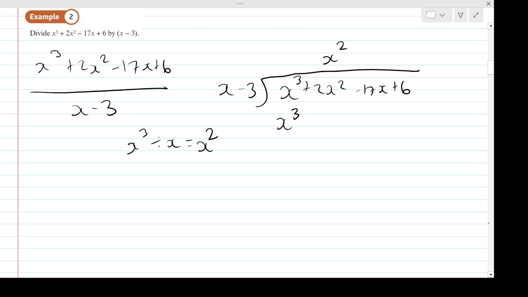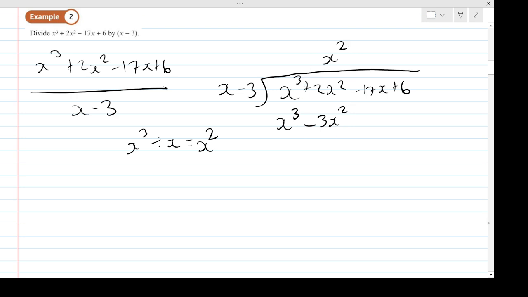Then I'm going to do the same for the minus 3. So x squared times minus 3 will be minus 3x squared, and I'm going to write that down here. Again, the x squared terms are on the same column, so we're lining them up.